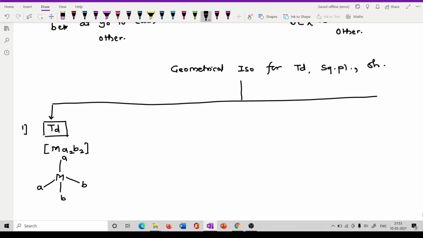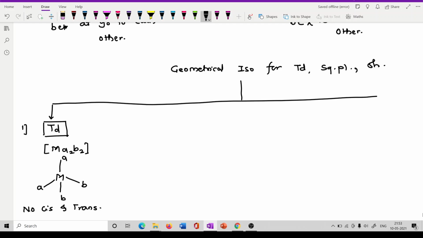In this case, no cis and trans isomerism is possible for the tetrahedral.